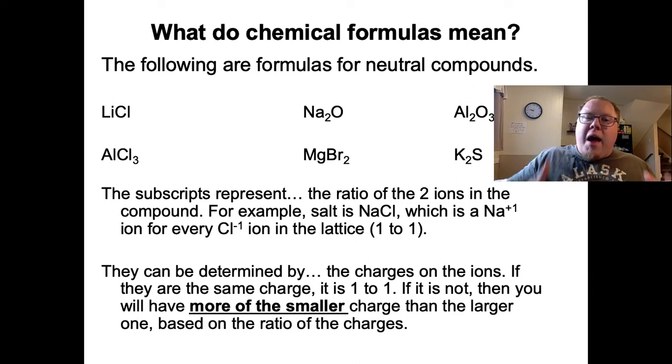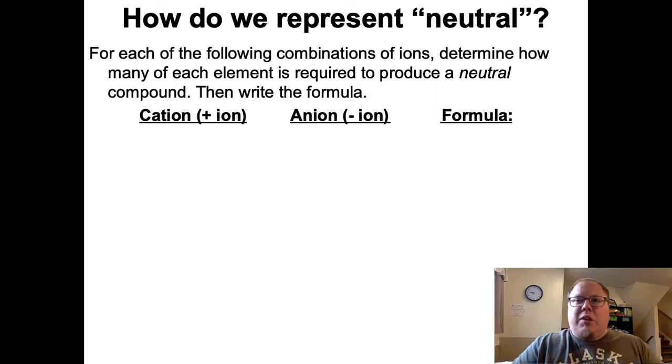So we don't have this 1-to-1 ratio because the charges are not equal. We actually are going to have more of whichever charge is smaller. Okay, so the sodium, in this case, we have positive 1 to the negative 2. We have to have a positive 1 and another positive 1, 2 of them, to equal out the negative 2 of that oxygen. Okay, so you're always going to get more of that smaller charge based on the ratio of what those charges are. All right, so let's practice this just a little bit.